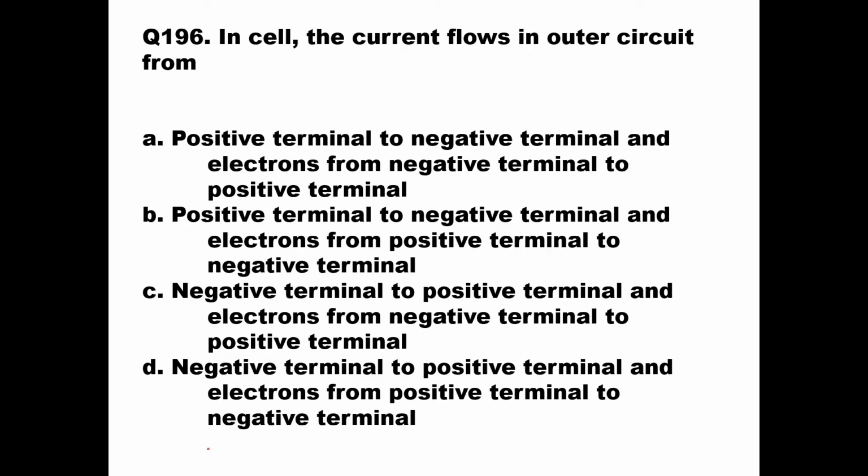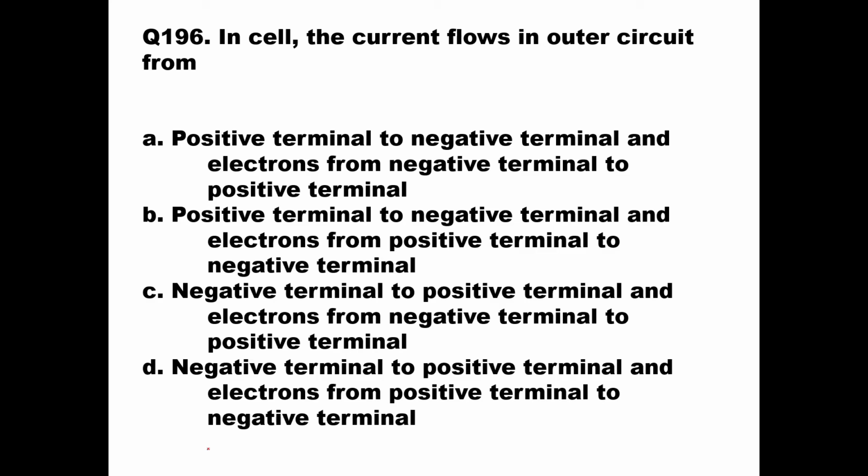In a cell, the current flows in the outer circuit from option A says positive terminal to negative terminal and electrons from negative terminal to positive terminal. This is the right statement. Option B says positive terminal to negative terminal and electrons from positive to negative. This is wrong. Then option C says negative terminal to positive terminal. This is wrong.